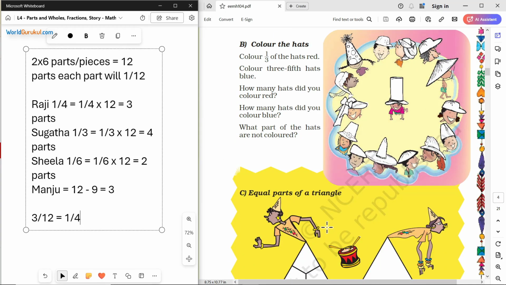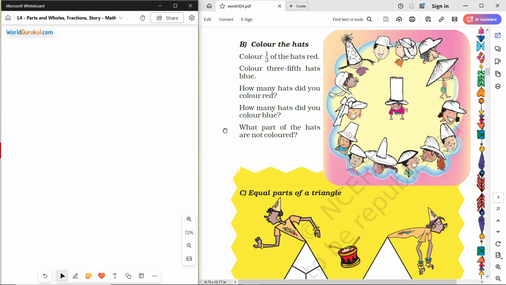So I got so many hats here and we need to color. Color 3/4 hats blue. We got how many hats? Let us count. Start from here. 1, 2, 3, 4, 5, 6, 7, 8, 9, 10, 11, 12, 13, 14, 15. So total we got 15 hats.